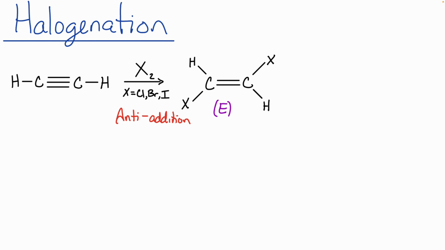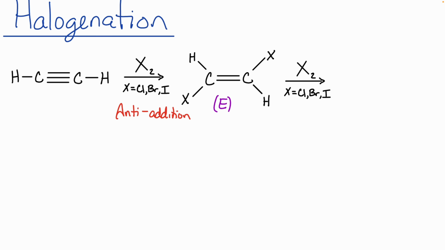But we know alkenes can also be halogenated. We also know that these are anti-additions.